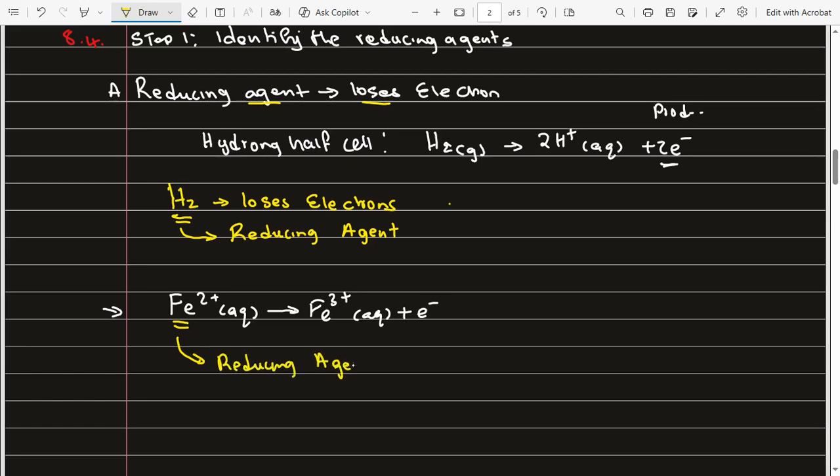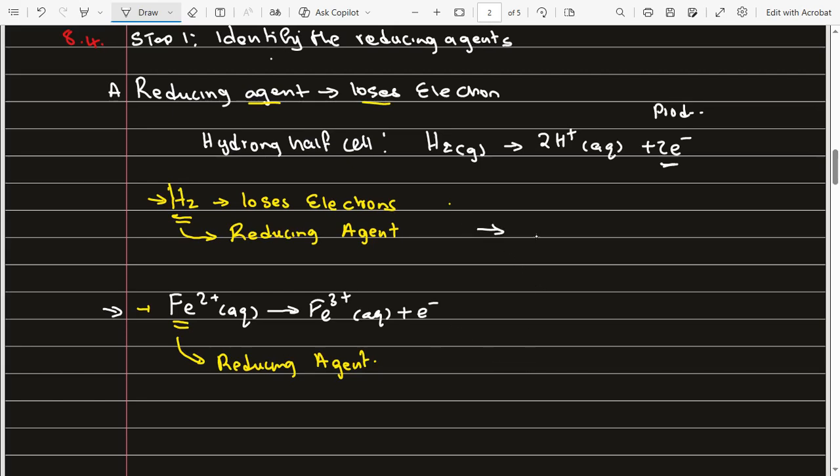Okay. So now we need to compare the H2 with that Fe2 plus. How do we compare these two? Easy. When you compare them, you look at the standard reduction potential.